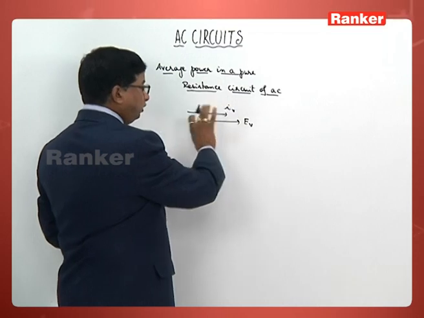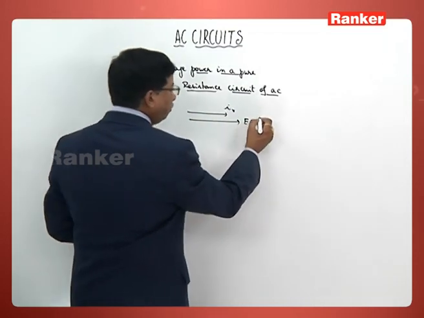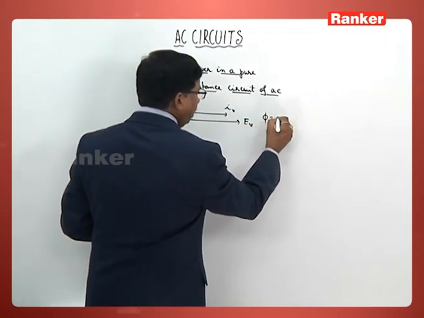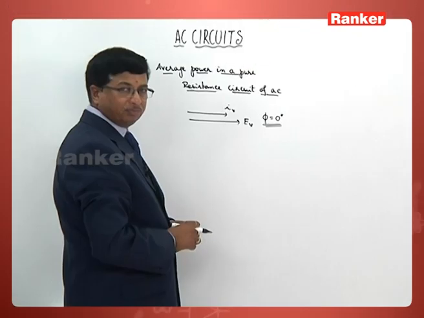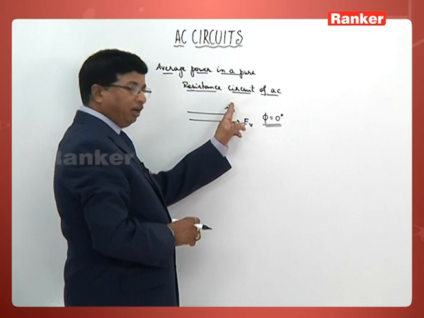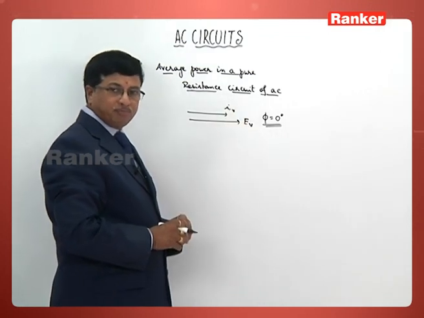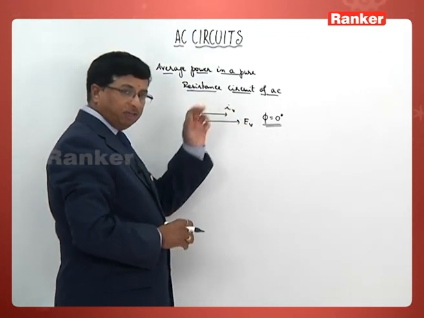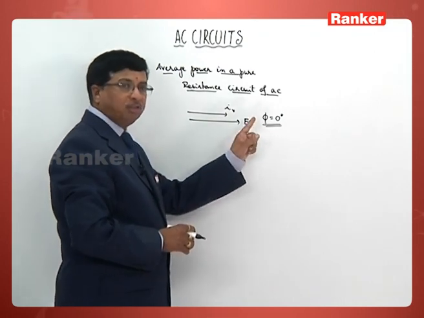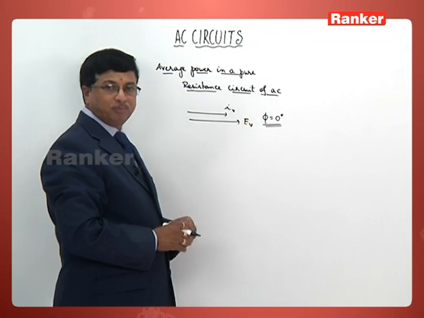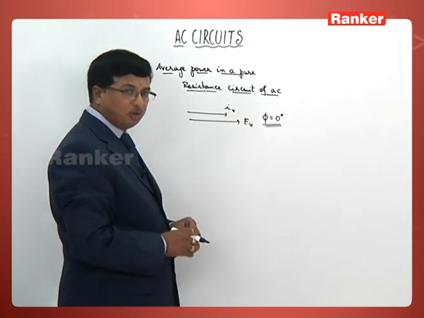When both are just in the same direction, what would be the value of phi now? It is taken as 0 degrees. The moment current is in phase with EMF or EMF is in phase with current, whatever we say, the angle between them is 0. Then phi becomes 0.